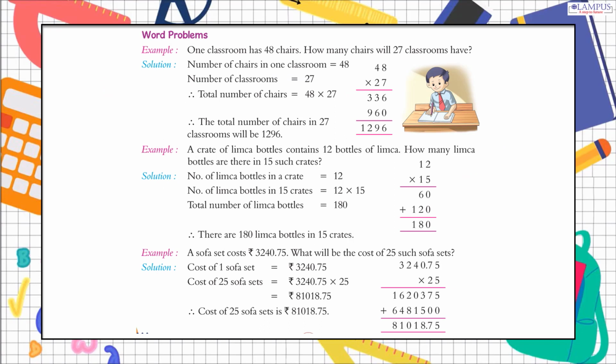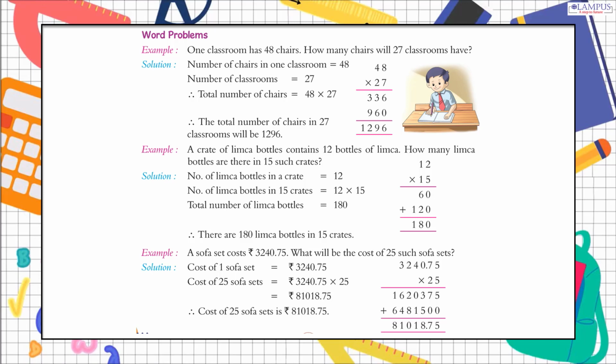Word problems. Example. One classroom has 48 chairs. How many chairs will 27 classrooms have? Solution. Number of chairs in one classroom equals 48. Number of classrooms equals 27. Therefore, total number of chairs equals 48 times 27. Multiply by 7 ones. 48 times 7 ones equals 336 ones.